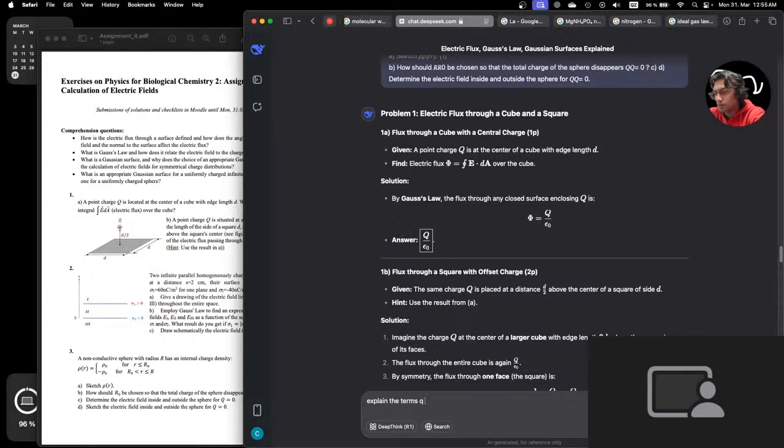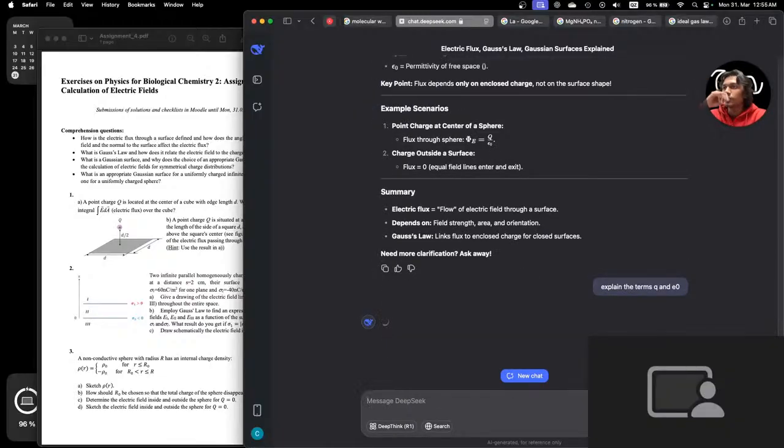I know Q. I know what they mean, but I just wanna confirm.